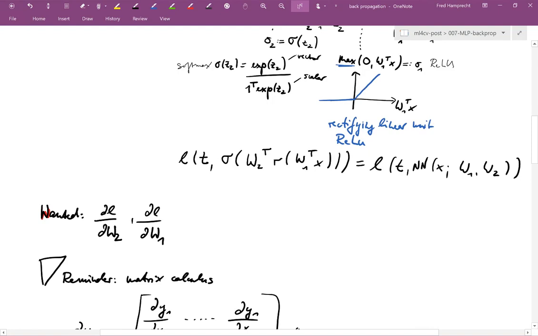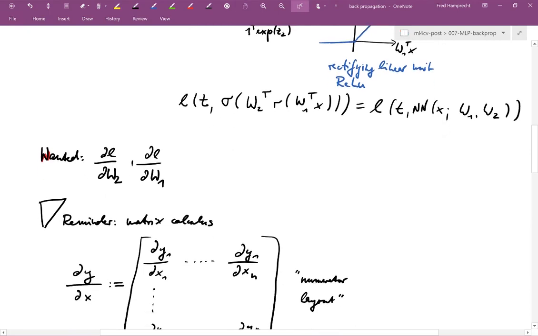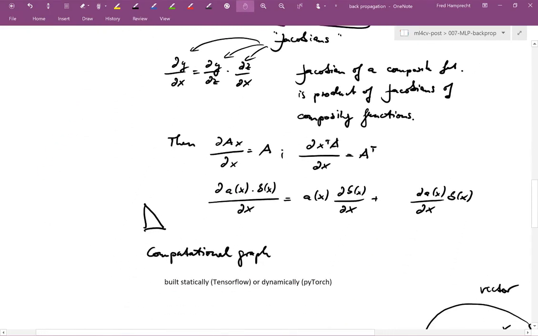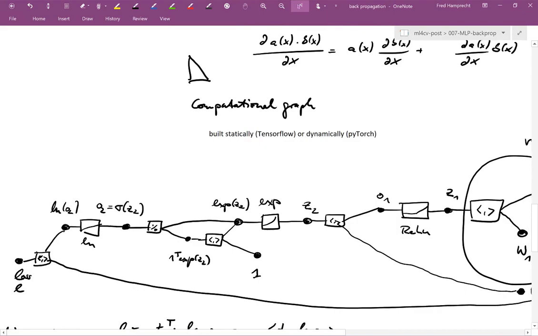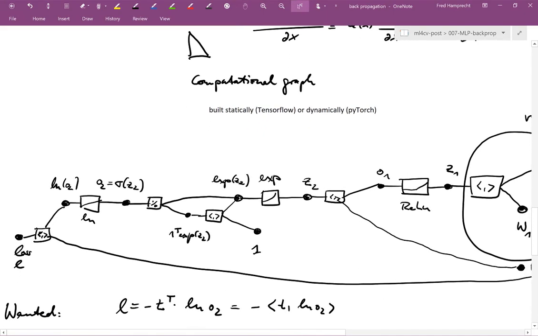And especially if you want to do this programmatically, so differentiate using the machine and not differentiating using your brain, then it is helpful to break these down into the simplest possible operations. Yeah? So into single, let's say, atomic operations that always accept a few inputs and produce one output. And all these atomic operations can be expressed in a computational graph.